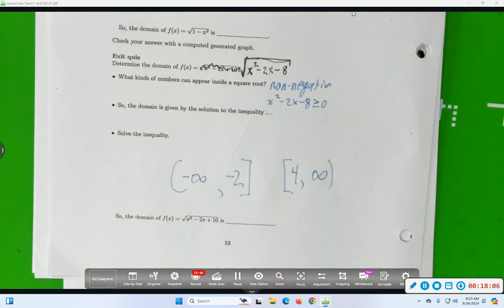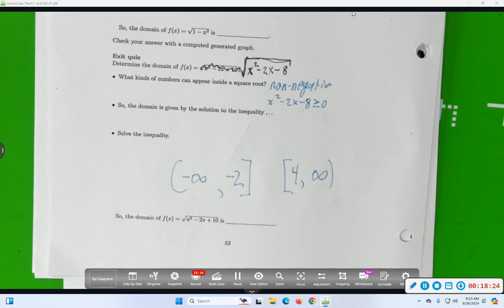And let's talk about why. And maybe before we even talk about why, let's just do the quick sanity check. You get that interval and you think, well, gosh, I don't want to have a negative under a square root. Let's actually just test an input in -2 to infinity and see what happens.